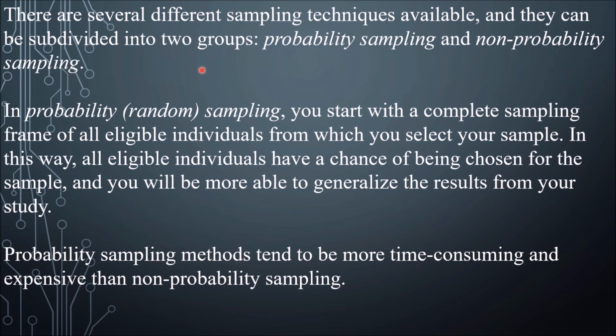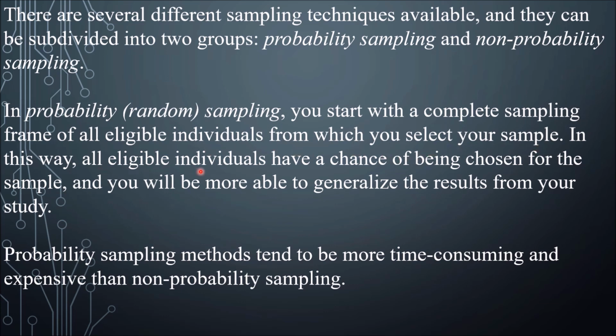There are several different sampling techniques available, and they can be subdivided into two groups: probability sampling and non-probability sampling. In probability sampling or random sampling, you start with a complete sampling frame of all eligible individuals from which you select your sample.